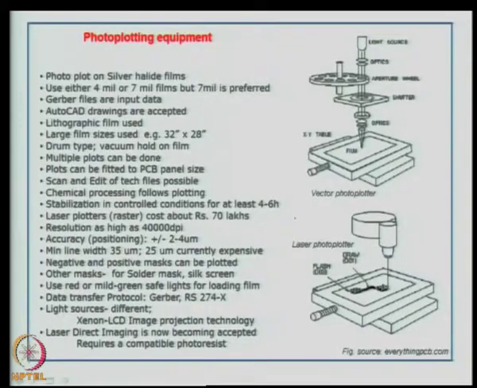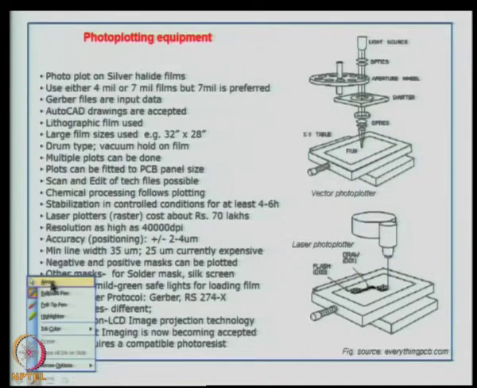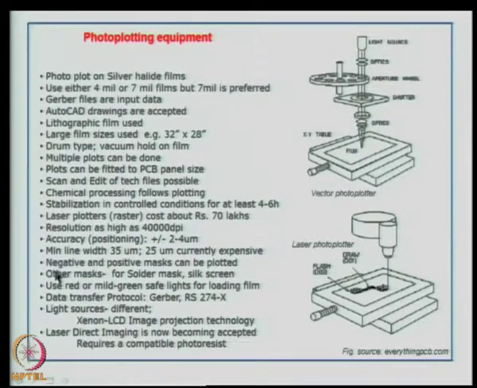Now, a typical photo plotting equipment, if you buy or if you look at the specifications, most of what I have listed here will be there. If you look at the figure that I have used here, basically there will be an XY table.